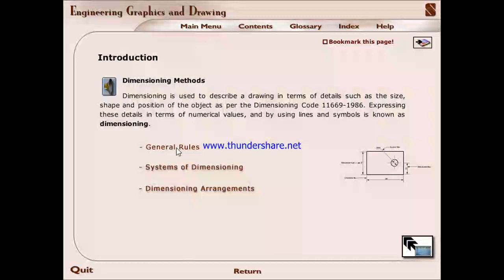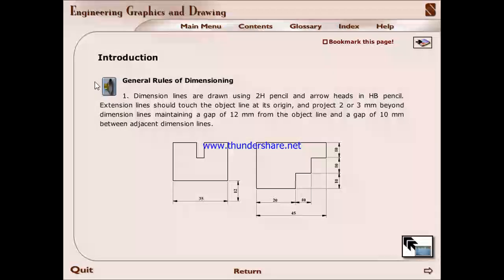Now we discuss the general rules. General rules of dimensioning. Dimension lines are drawn using a 2H pencil and arrowheads using an HB pencil.